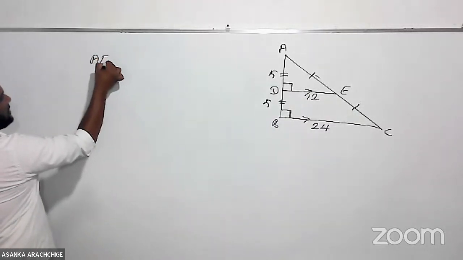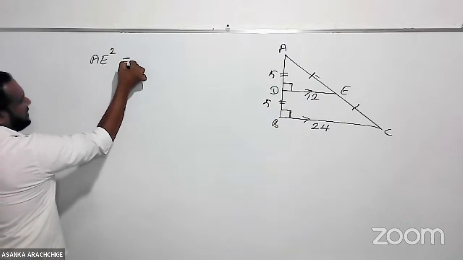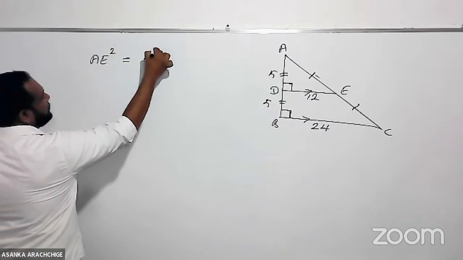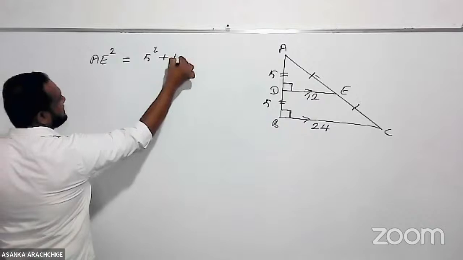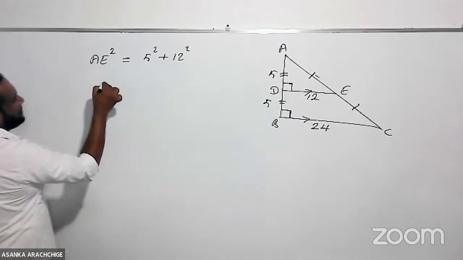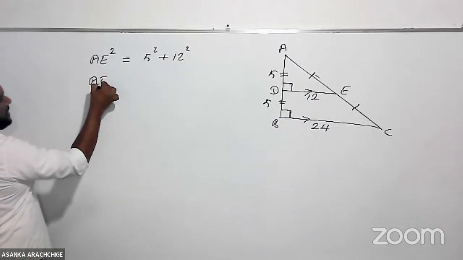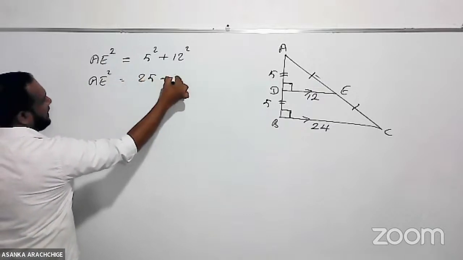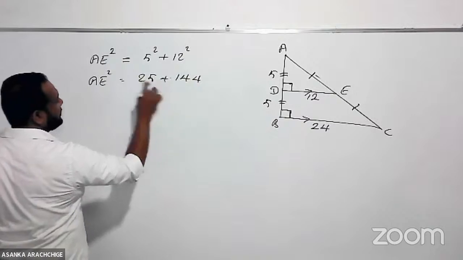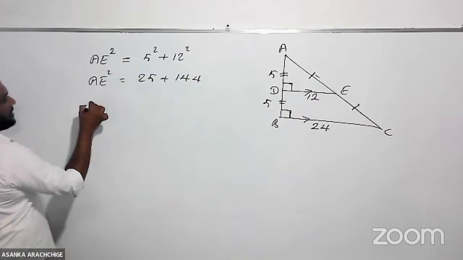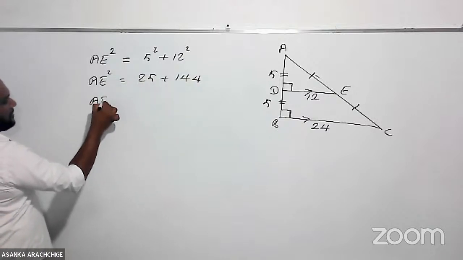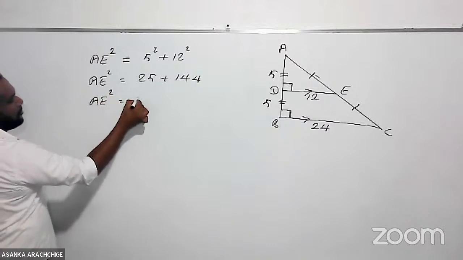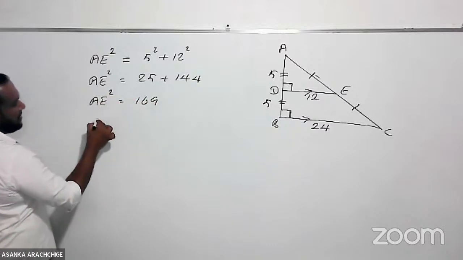AE squared equals 5 squared plus 12 squared. AE squared equals 25 plus 144. AE squared equals 169.